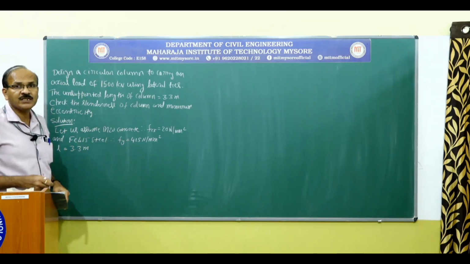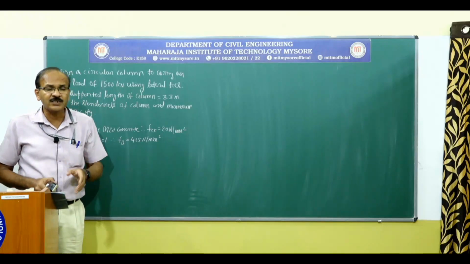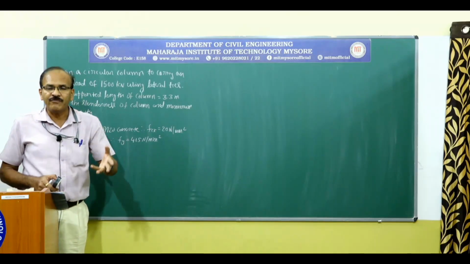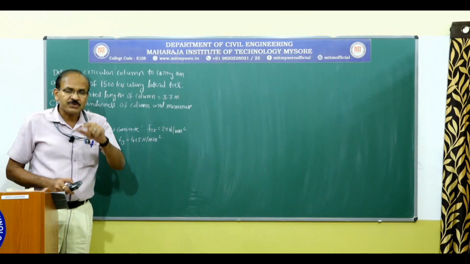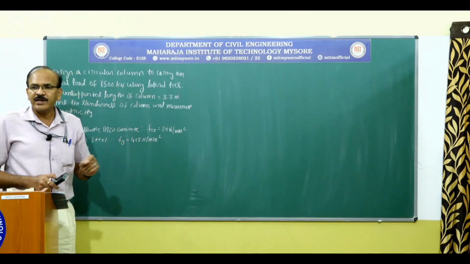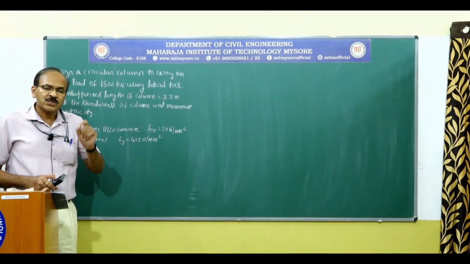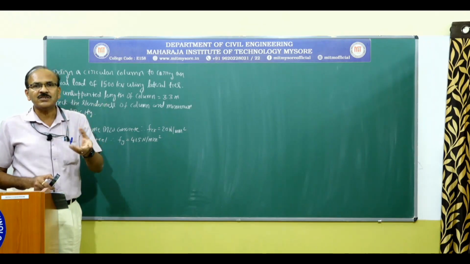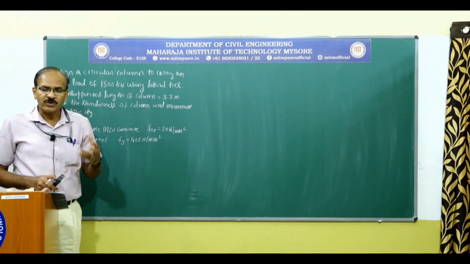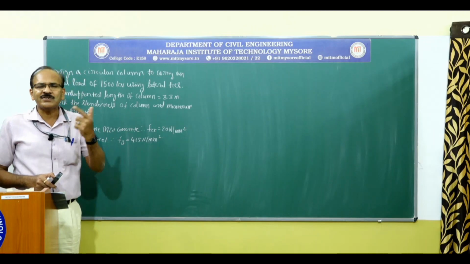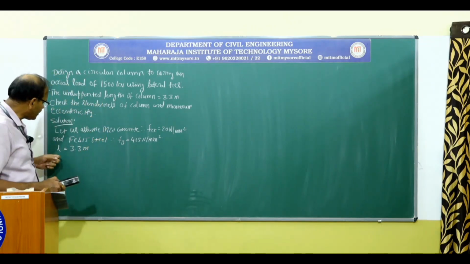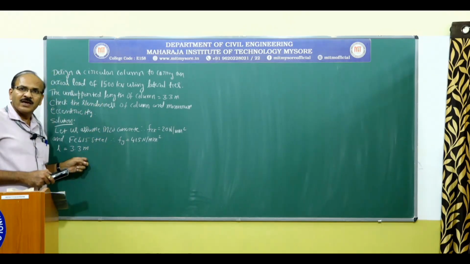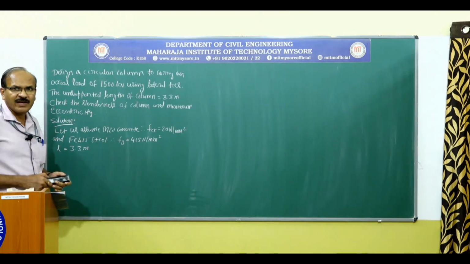But we don't know the effective length unless we know the end conditions. So in the absence of the given end conditions, we can assume whatever end conditions are convenient for us. So here I am going to assume both ends as hinged. That way the unsupported length will be equal to the effective length.